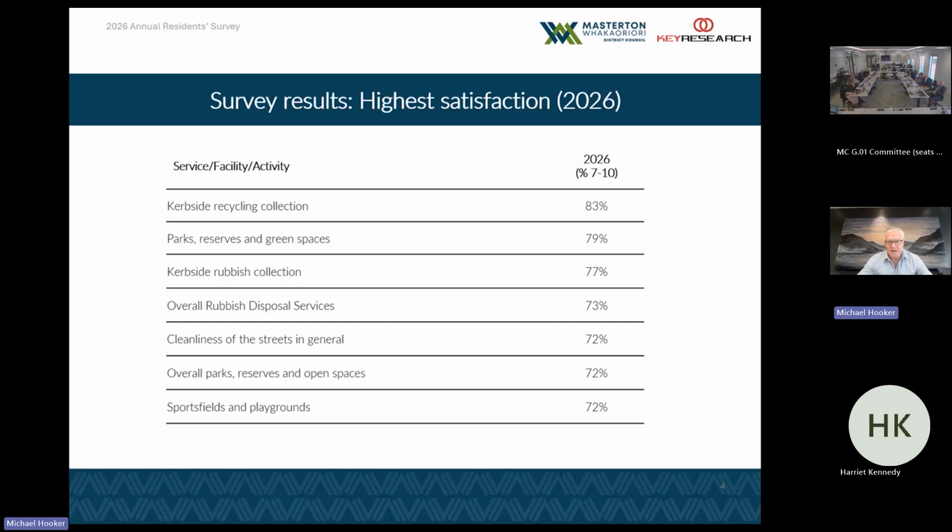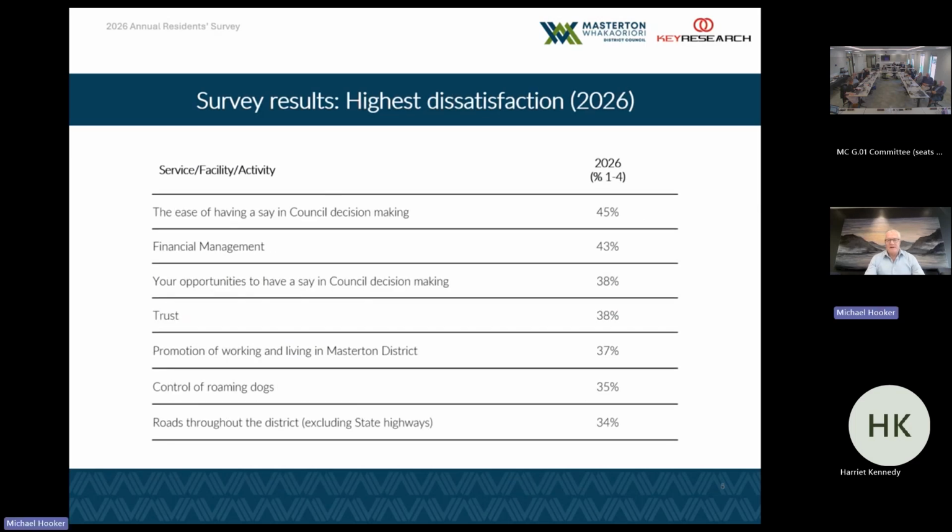These are the attributes here which recorded the highest levels of satisfaction, and we see a number related to waste management and a number related to services provided around parks, reserves and green spaces and open spaces as well. Yes, there is benchmarking data coming in slides further on in the presentation.